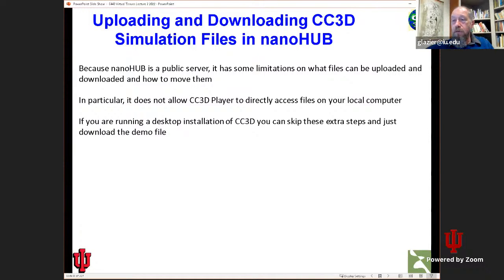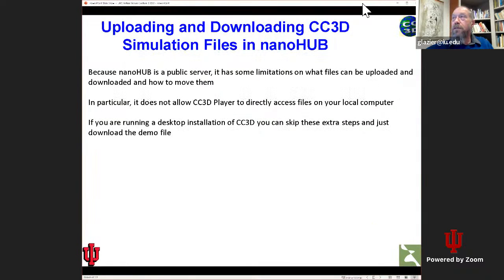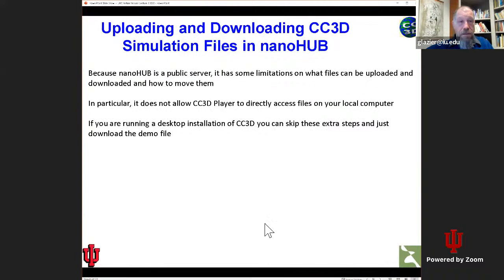I want to go over one of the annoyances of nanoHUB that we're going to face, which is that uploading and downloading files has to be done from outside of CompuCell.